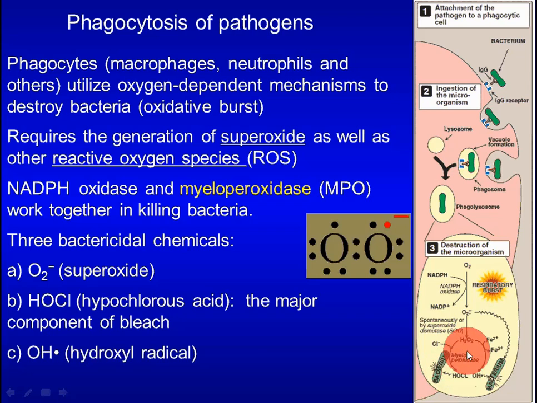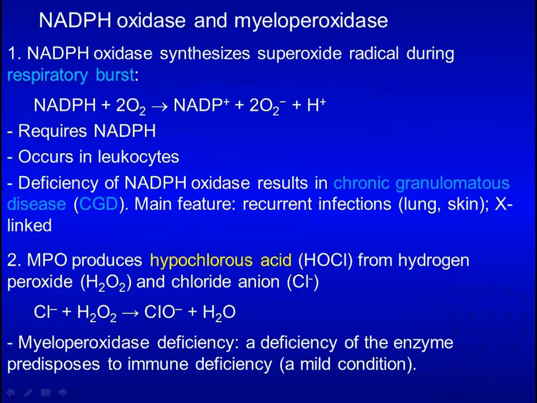Conversion from hydrogen peroxide to hypochlorous acid requires the second enzyme, myeloperoxidase. NADPH oxidase catalyzes the synthesis of superoxide. This reaction requires NADPH. Deficiency of NADPH oxidase leads to chronic granulomatous disease, or CGD.